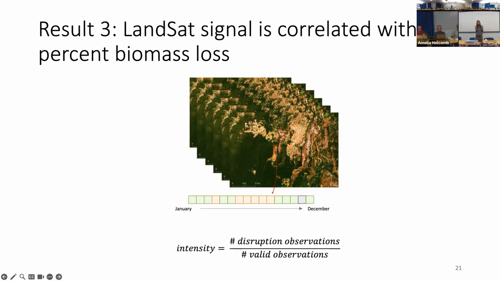And then what they do to make those AFC maps is they use the temporal sequence of those classifications to identify those overall change patterns. But the raw information, just the number of potential disturbance observations divided by the number of valid observations over a fixed time period and averaged over a small area, we think might give us an idea of the disturbance intensity.